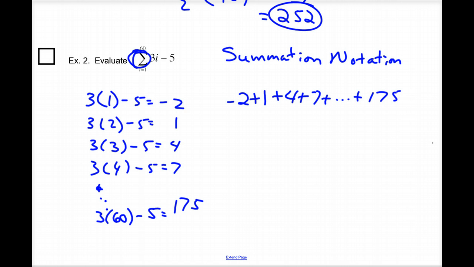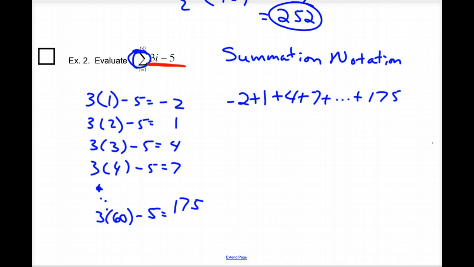Since it's arithmetic, I would rather you notice the arithmetic right away by saying, oh, I know this is arithmetic because arithmetic patterns are linear. And 3i minus 5 is certainly linear. It has a slope of 3 and a y-intercept of -5.